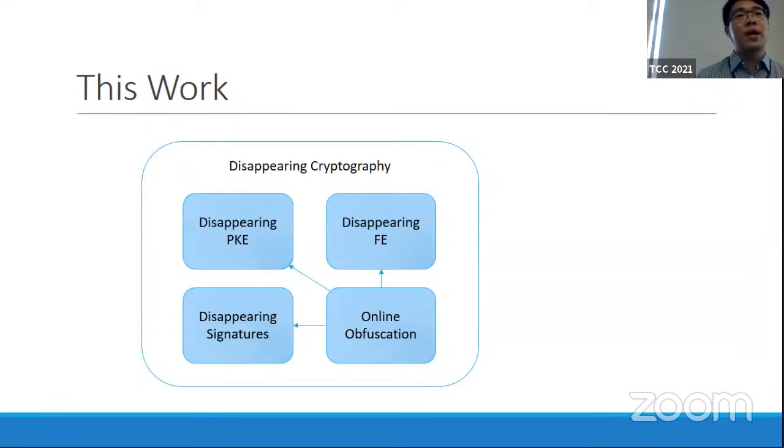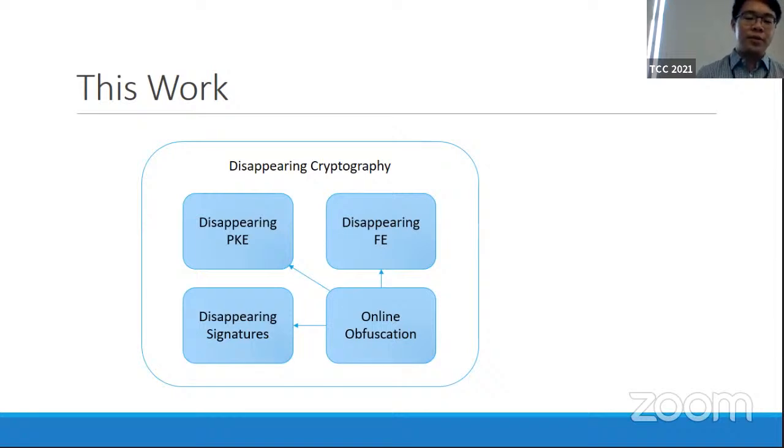So the security definition that we adopt for online obfuscation is a flavor of virtual gray box, VGB obfuscation, which is a middle ground between indistinguishability obfuscation, IO, and virtual black box obfuscation, VBB. We also have similar definitions for online obfuscation with IO and VBB security, and we have shown that VBB obfuscation is also impossible for online obfuscation.